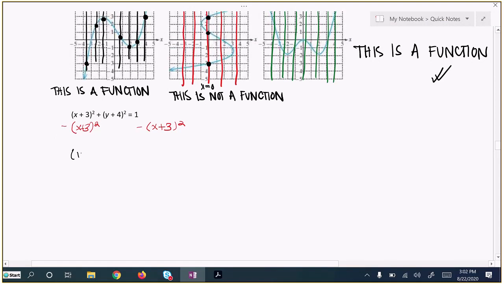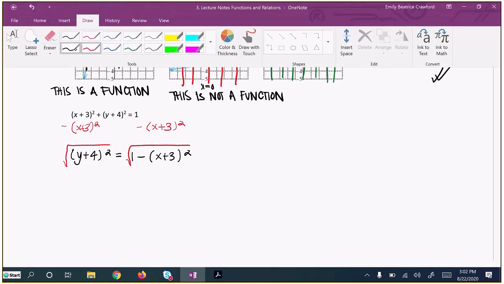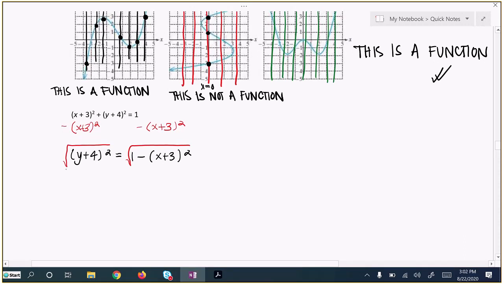Okay, so on the left, (y+4)². On the right, 1 − (x+3)². And then I know that because I'm trying to eventually isolate y, I need to get rid of this square. So I need to take the square root on both sides. And again, by now I know that because I'm taking an even indexed root of an even powered term, that's going to give me the absolute value of y+4.